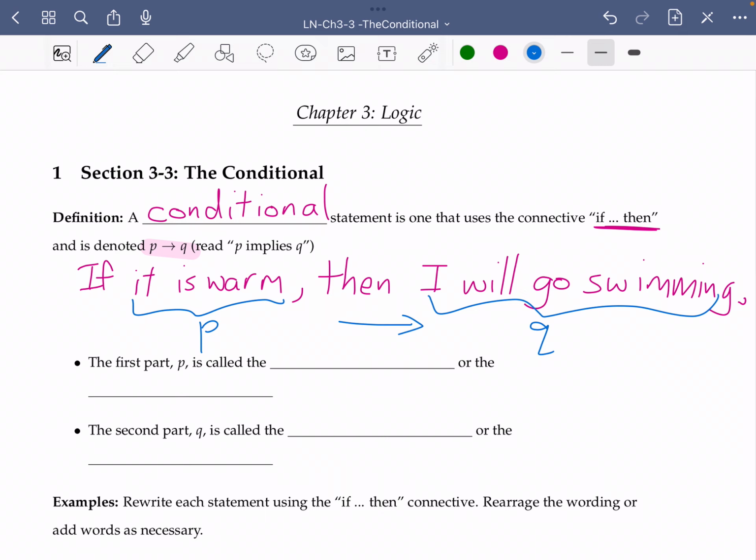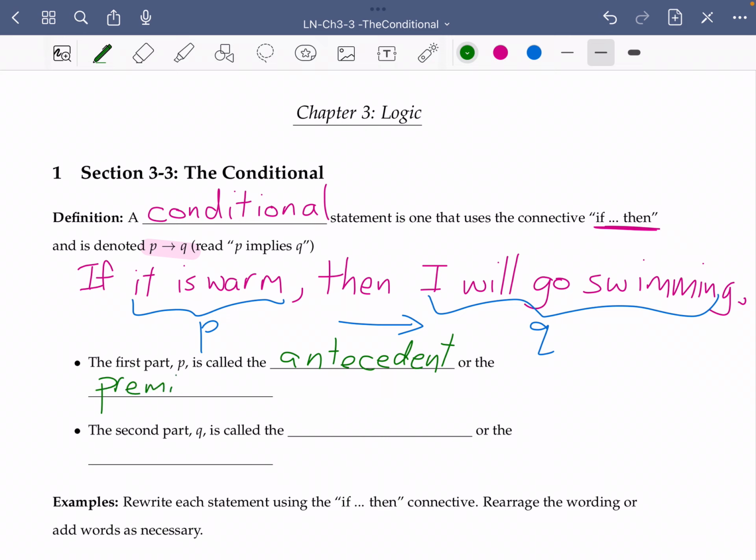Now, if we want to talk about these portions of the statement, the if part of that conditional statement has two different names we might call it. We could call that the antecedent. We also could call it the premise.